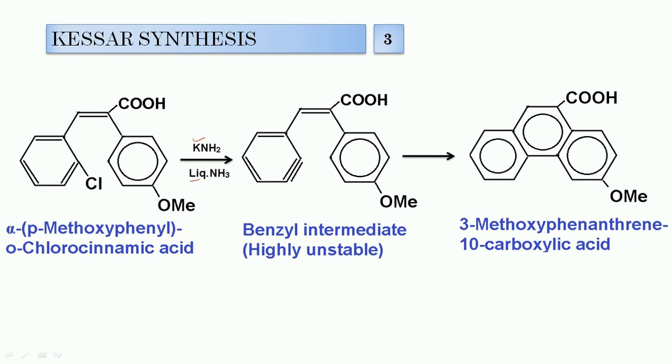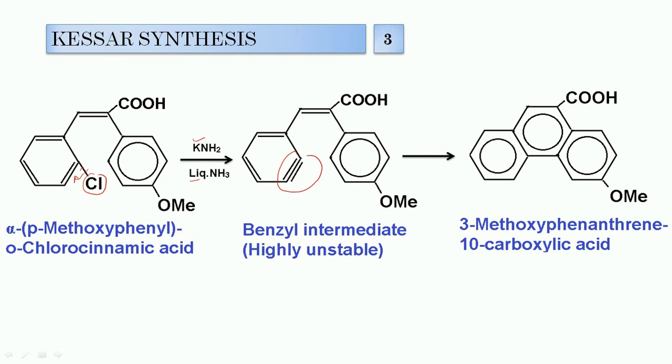So it loses this Cl here, and these two electrons take part in the bond formation. So this benzyne intermediate is formed first, and it is highly unstable.